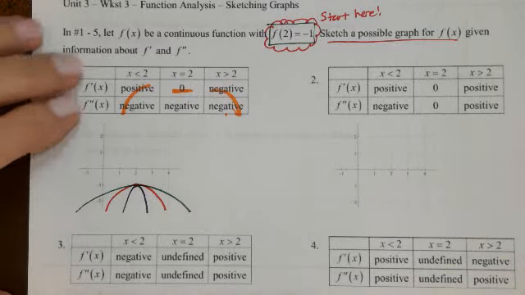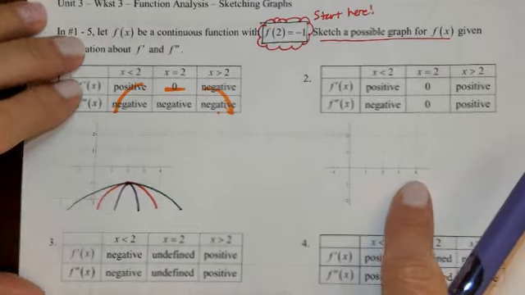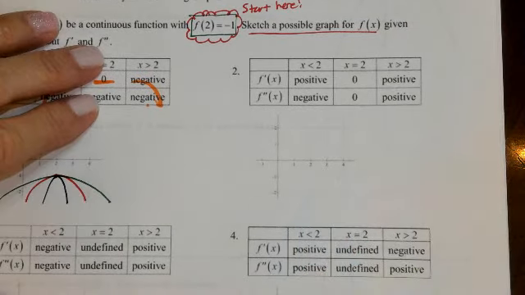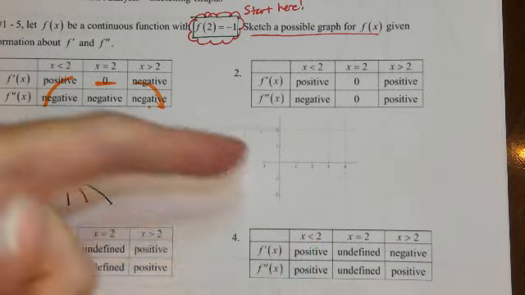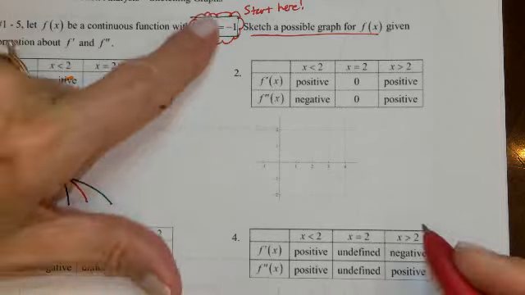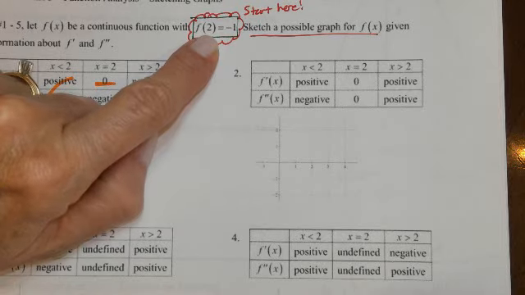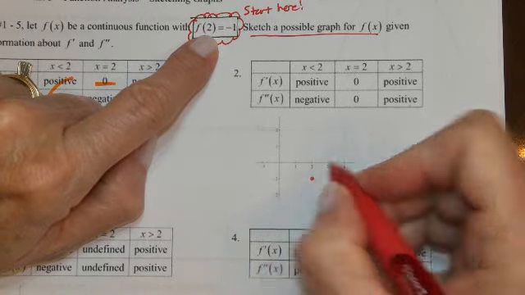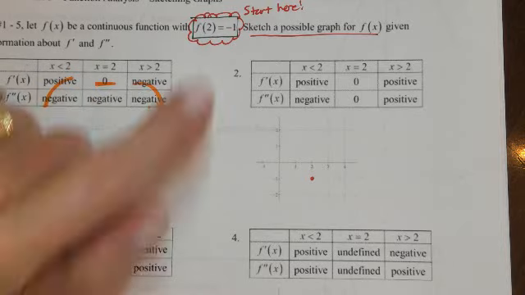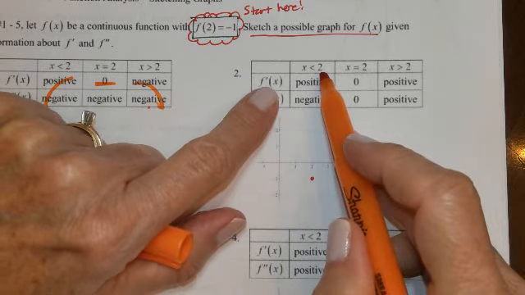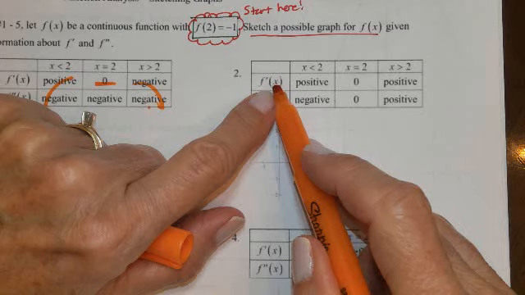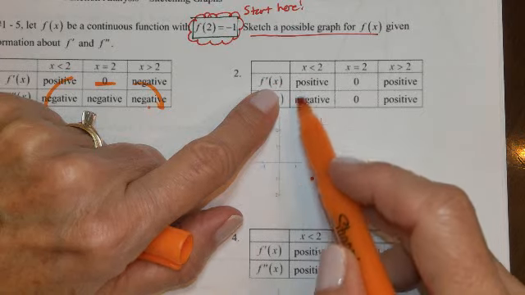Okay, let us take a look at number 2. So for number 2, getting on my highlighter again, first of all, plot the point, right? Plot the point. So if they give you a point, start there. So 2, -1, we're going to start there. Okay. Now, for x less than 2, f prime is positive, so we are increasing.